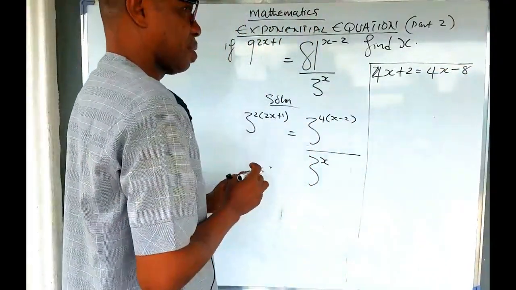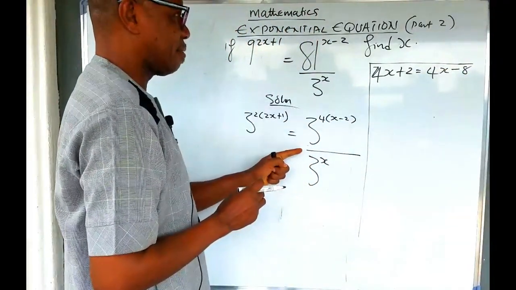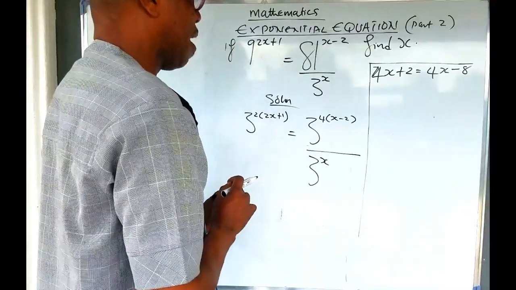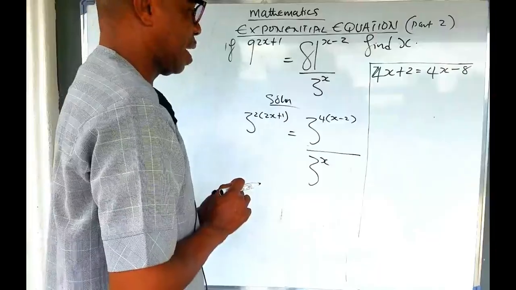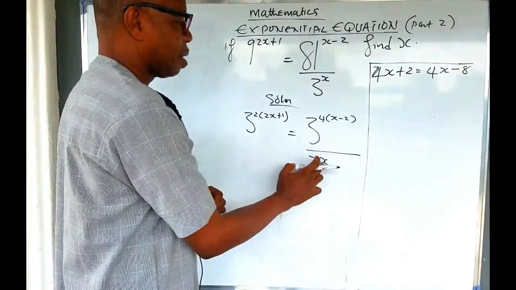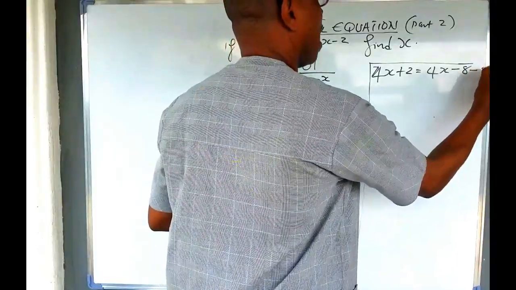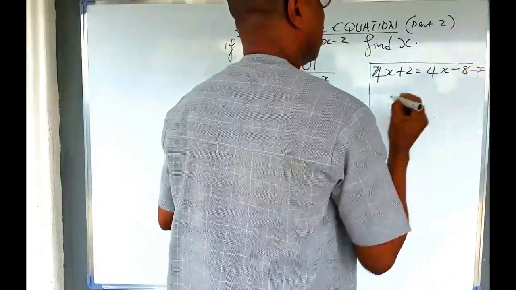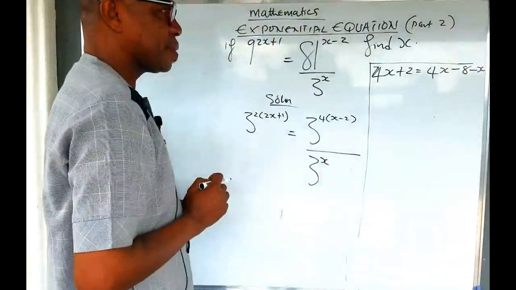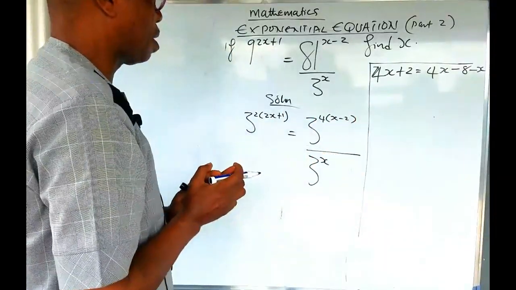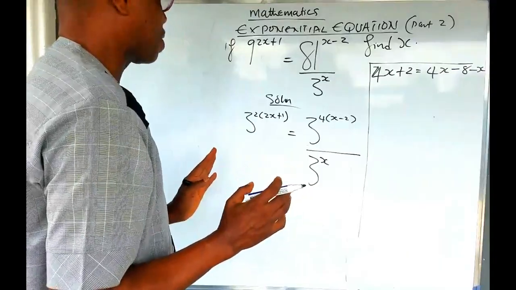Now notice also that this thing is dividing, and in indices, when a common base divides, you subtract their powers or their indices. In other words, I'm going to subtract x, so I now have minus x.